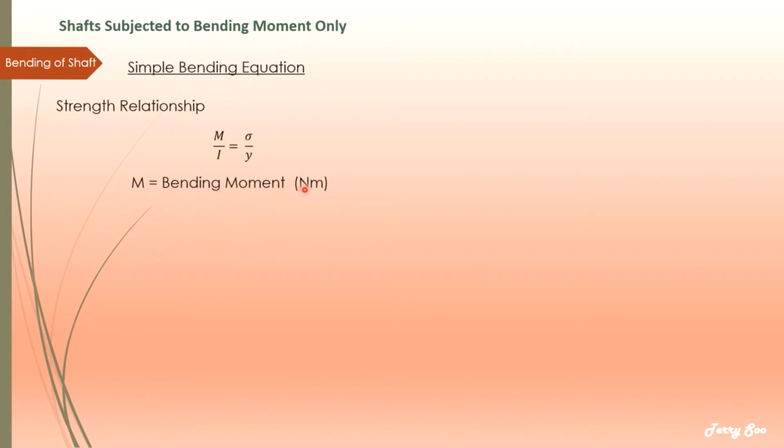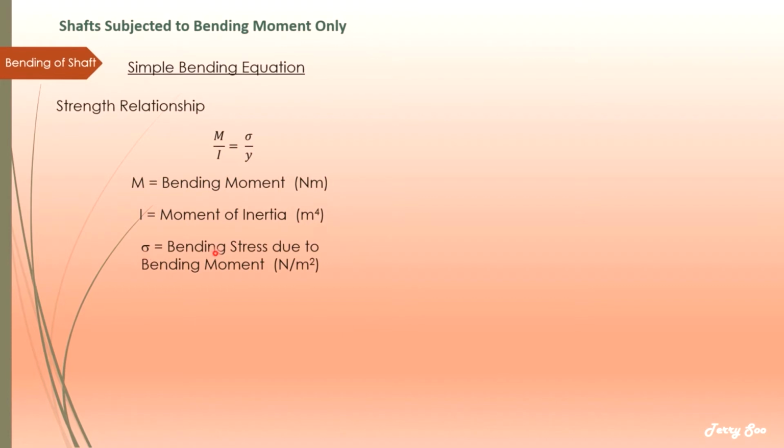So M, bending moment, in Newton meter. And I would be the moment of inertia or the second moment of area in meter to the power of 4. And sigma is the bending stress due to bending moment, which is in Newton per meter square. And Y would be the vertical distance from the neutral axis.